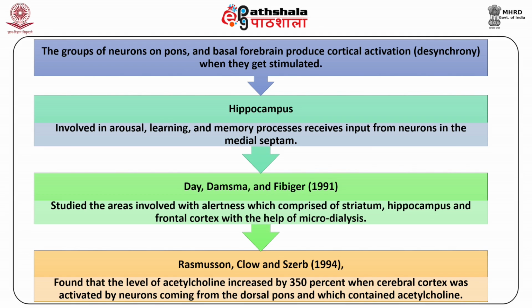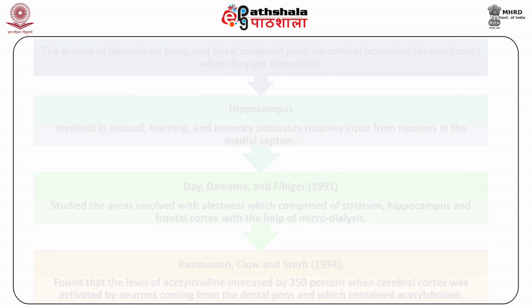They highlighted the role of acetylcholine in maintaining and producing levels of alertness. Rasmussen, Kleo and Spurg found that the level of acetylcholine increased by 350% when the cerebral cortex was activated by neurons coming from the dorsal pons and which contained acetylcholine.